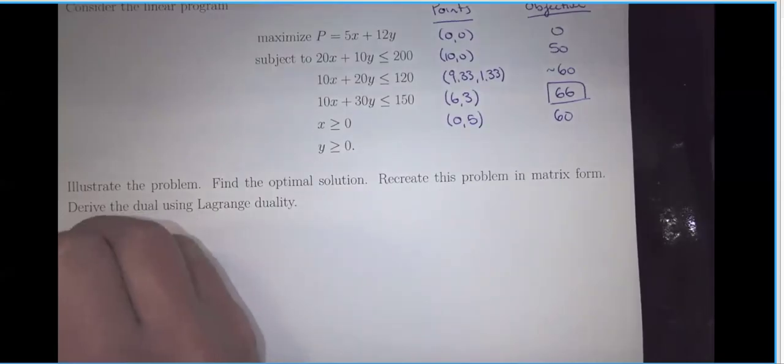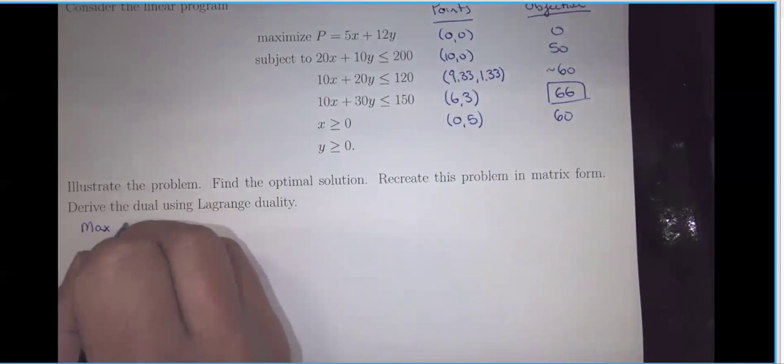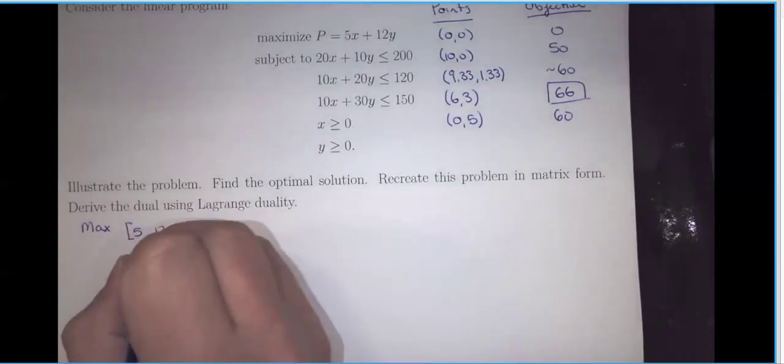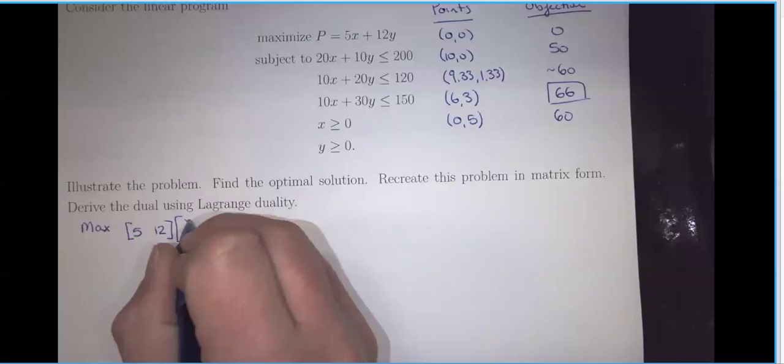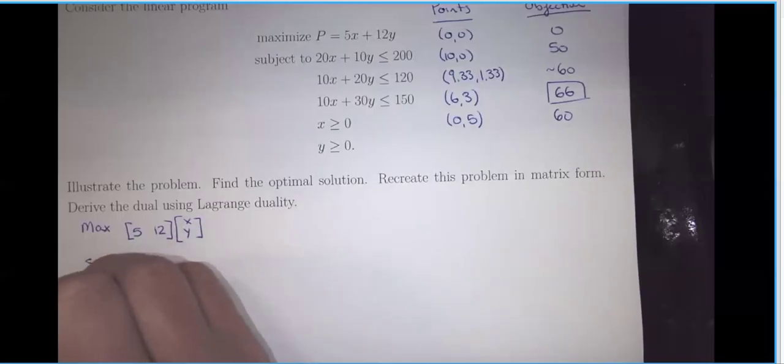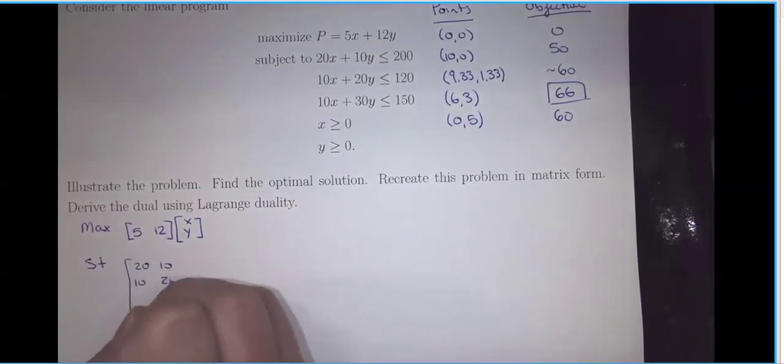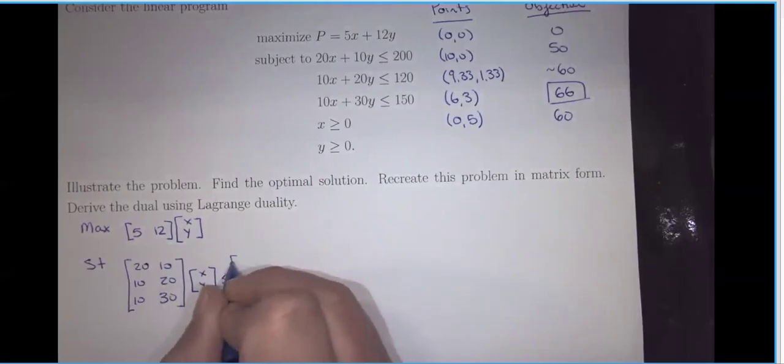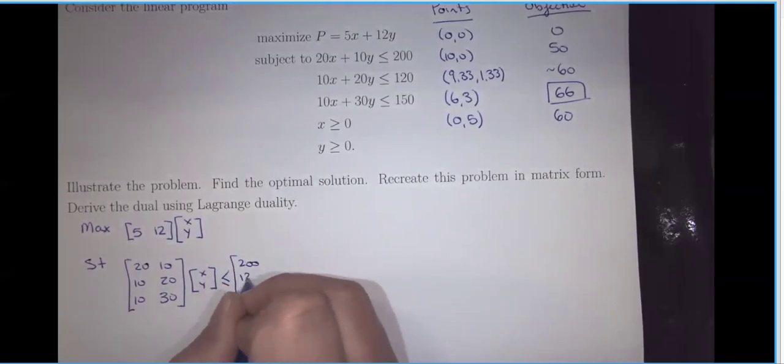So in matrix form, we're looking to maximize our objective function, which is (5, 12) times (x, y), subject to the matrix (20, 10), (10, 20), (10, 30) times (x, y), less or equal to 200, 120, and 150.